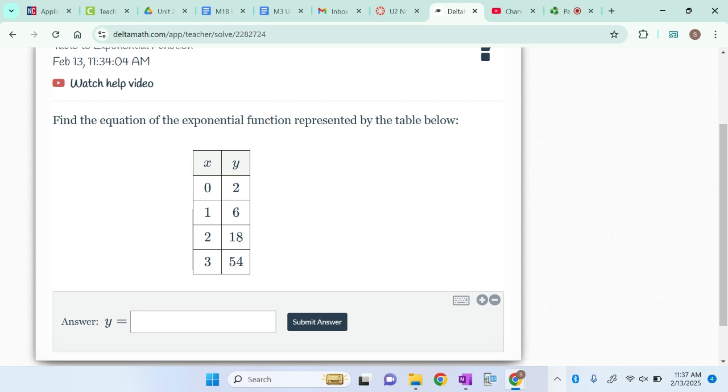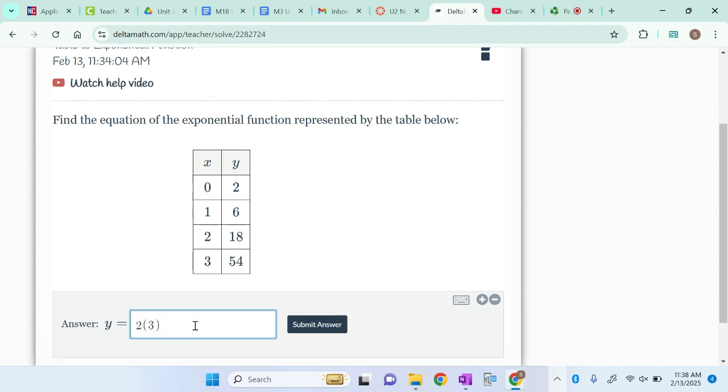So you plug that in. So 2 is our a value. So we put 2 here. And this would be our function. So if I typed it in, I would have y equals 2 times 3 raised to the x power.